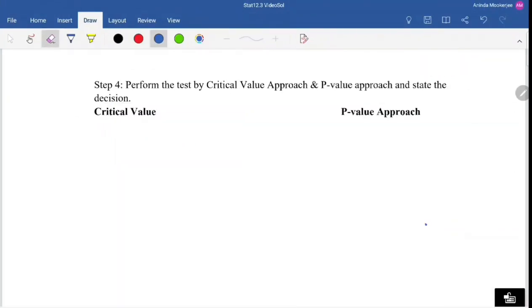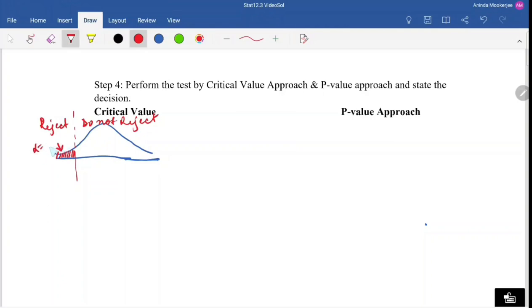We will now perform the test using the critical value approach first, and then we'll go on to the p-value approach. Now for the critical value approach, we first have to draw our curve to show the reject and the do not reject regions. So here's our curve, and this being a left tail test, our reject region is going to be to the left of the curve. So here's our reject region, and then we have the do not reject region on the other side. And the area associated with the reject region, the area under the curve, is alpha equals 0.10, right?